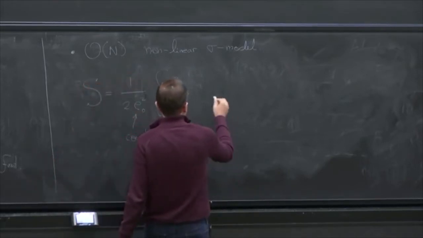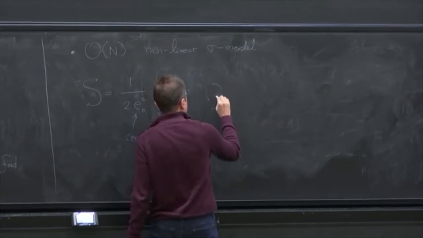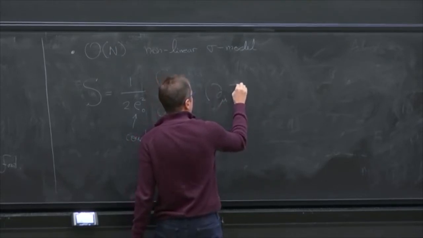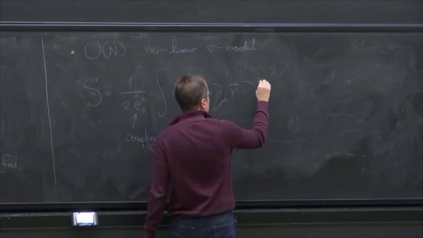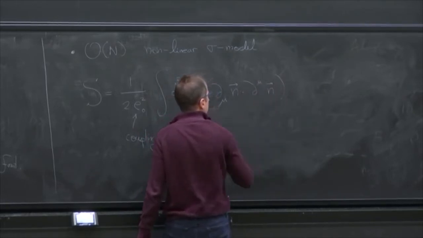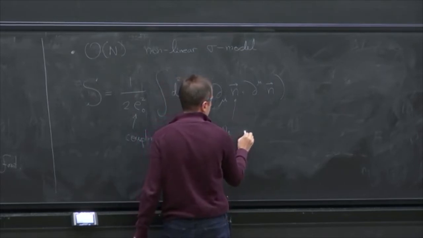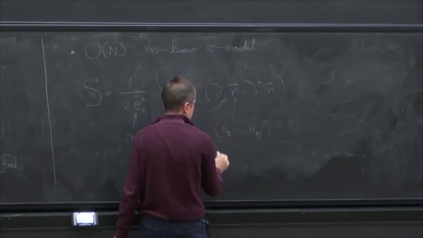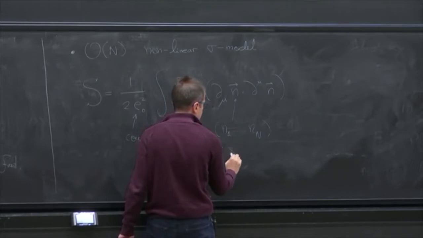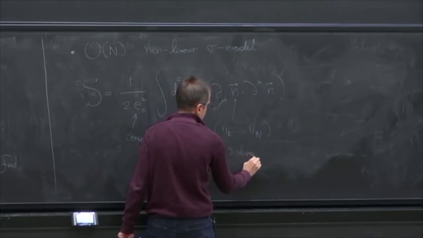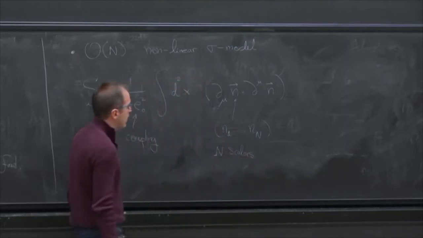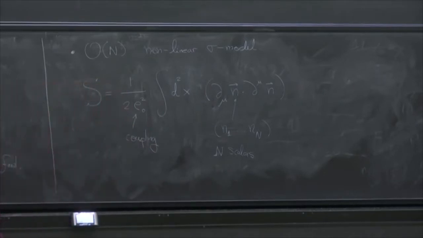And then the action is just d mu of a vector n dot d mu of a vector n. So this vector is just n1 up to nN. So it's like having basically capital N scalars. One is n1, one is n2, etc. If it was like this, it would be just N free scalars.